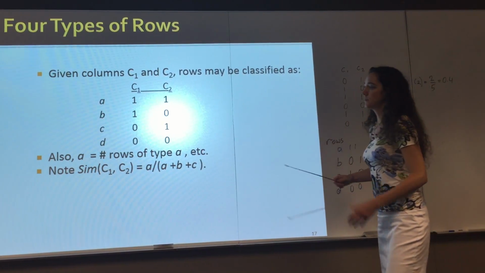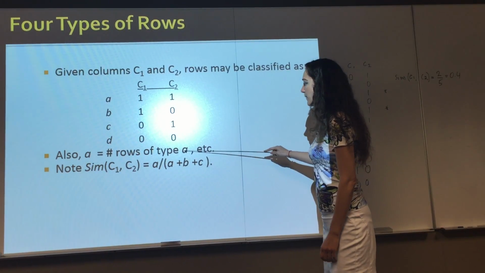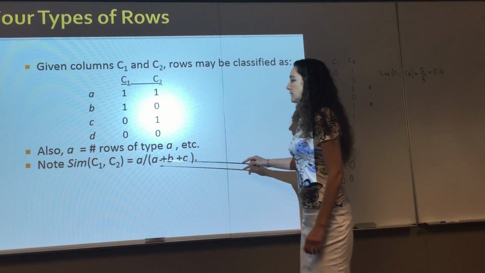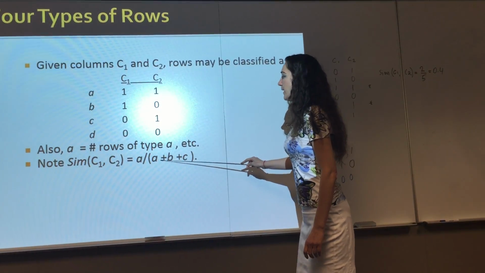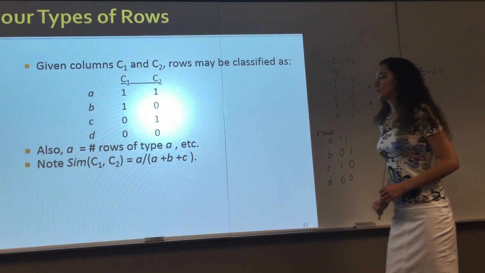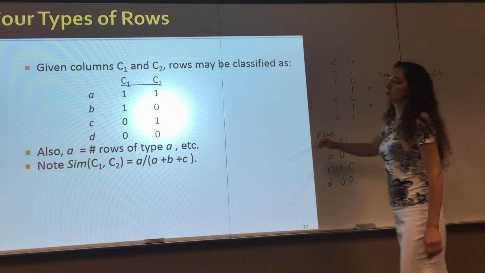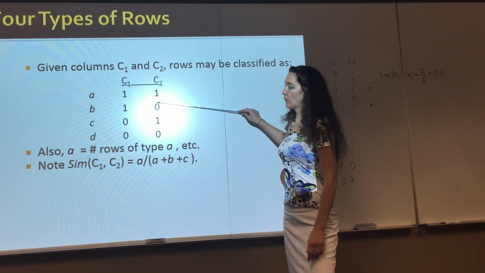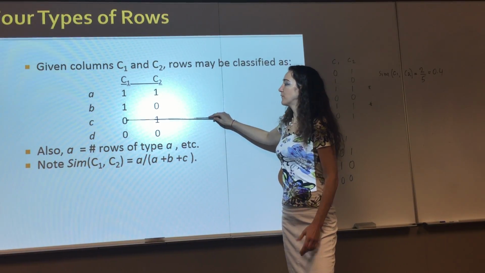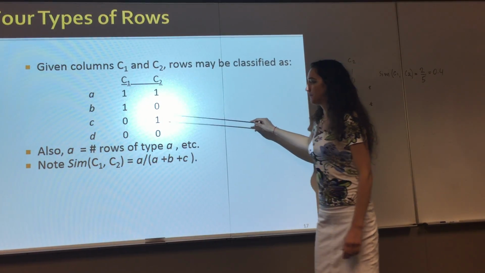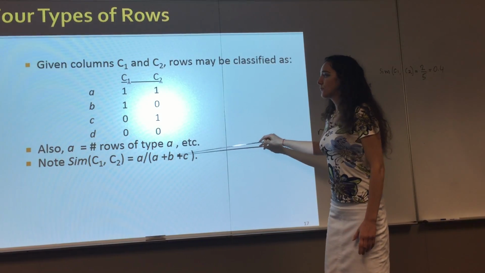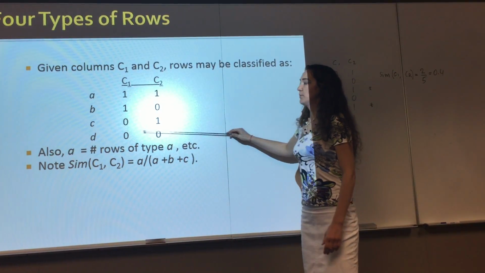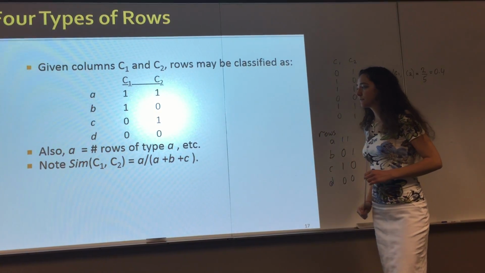So if A is the total number of rows of type A, which means both of them have a 1, then the similarity is A divided by A plus B plus C. B and C are the types where one is a 1 and the other one is 0, or the first one is 0 and the second one is a 1. This formula does not consider the rows in which both of them have a 0.